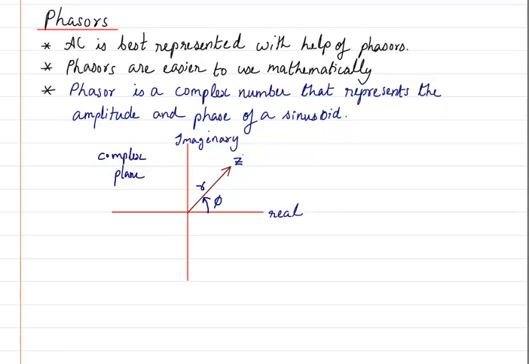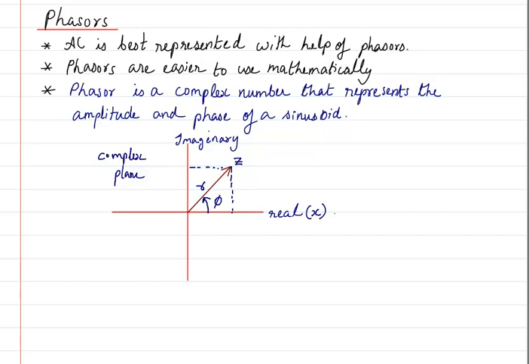So Z is a phasor, and that phasor has a magnitude of r. You should be very clear about the terminologies that I am using. It has a magnitude of r and a phase angle of phi. Similarly, if you try to draw the projections of this on the real axis and on the imaginary axis, let us call the real axis x.